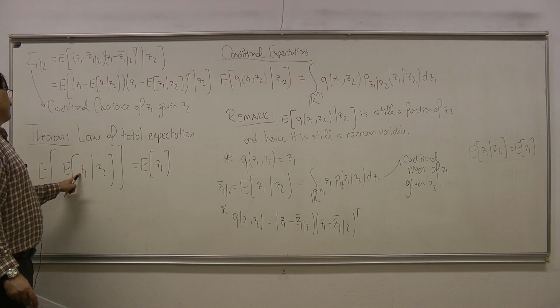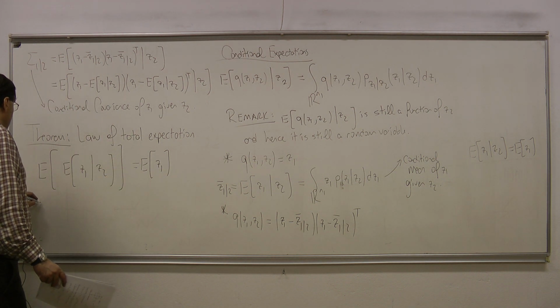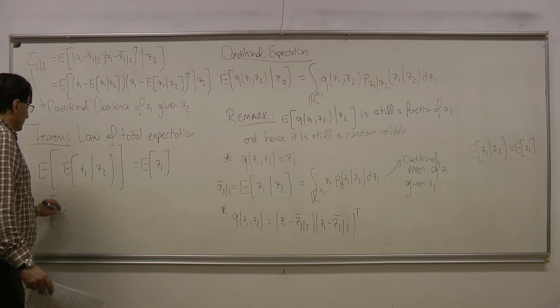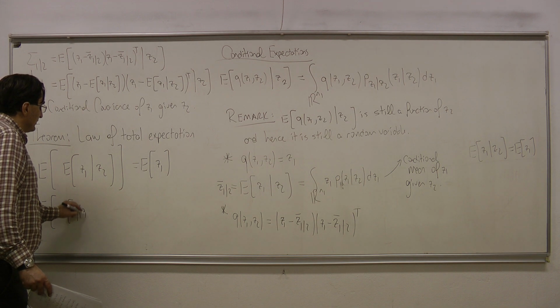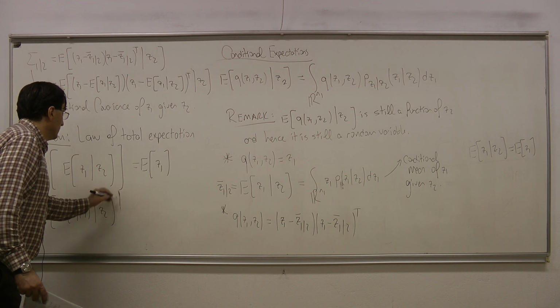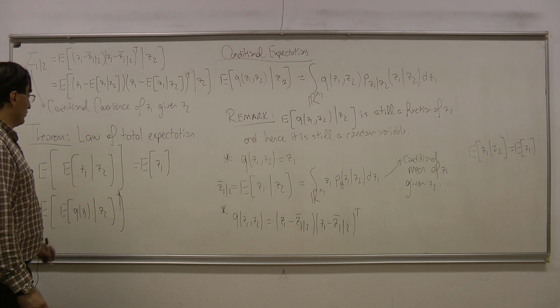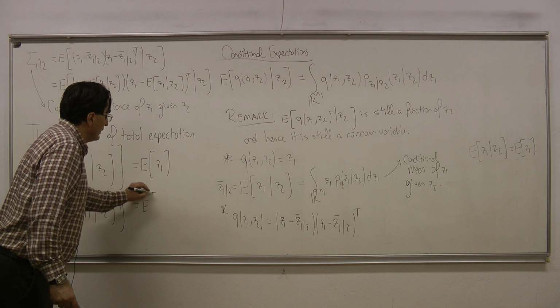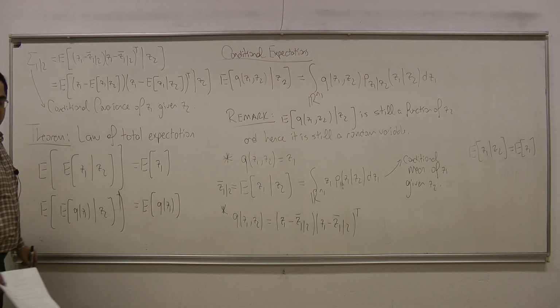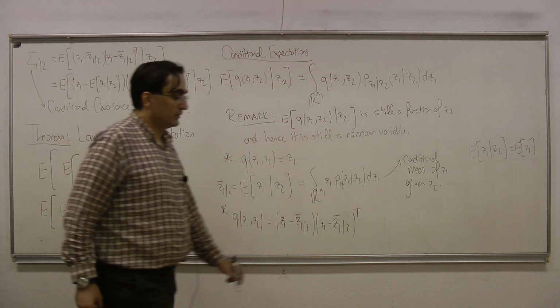So this is for a single random vector Z1, and it is also true for its function. The expected value of Q of Z1 given Z2, and I would have this second expectation, is equal to the expected value of Q of Z1. So it is true for an arbitrary function of Z1 as well.